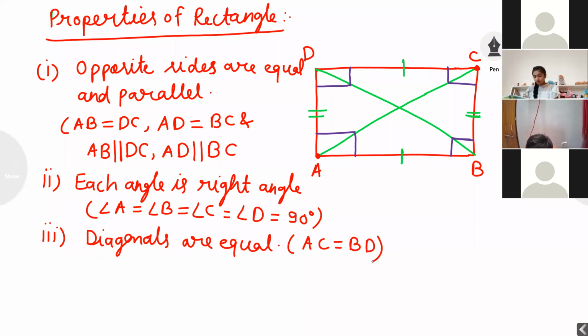Fourth and last property, if diagonals are equal, then segment of diagonals also will be equal. Note down. Diagonals bisect each other.